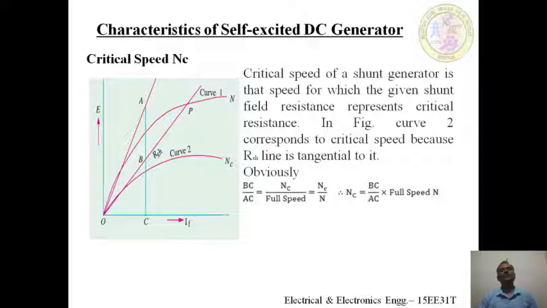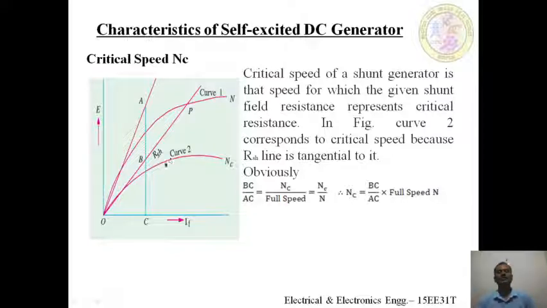Now we will see what is the meaning of critical speed NC. Critical speed of the shunt generator is that speed for which the given shunt field resistance represents critical resistance. That is, it is a speed at which RSH itself represents the critical resistance.